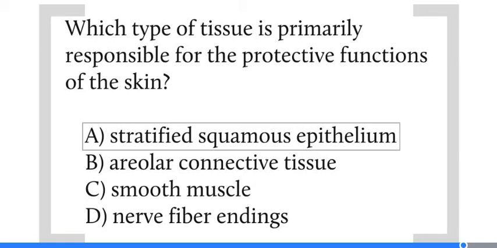Anytime you hear of an epithelium that's protective, you should immediately think of stratified squamous epithelium. And anytime you hear that there's a stratified squamous epithelium in a particular location in the body, you should immediately think that it's there because it provides protection. In the skin, it's additionally protective because it has that keratin molecule in it. Other sites with stratified squamous epithelium are non-keratinized, but in the skin we have this very protective type of epithelium.